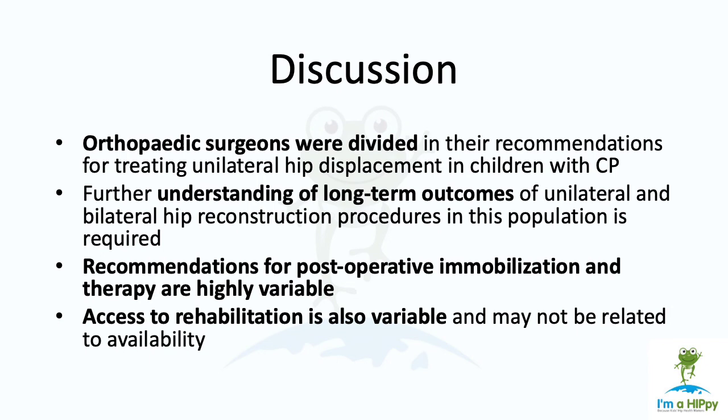Recommendations for postoperative immobilization and therapy were found to be highly variable across surgeons. And the access to rehabilitation also was variable, though the outcomes of this survey suggest that this may not entirely be related to the availability of that rehabilitation, as surgical practice preference may also be a factor.